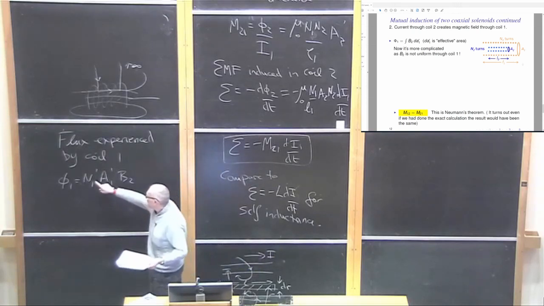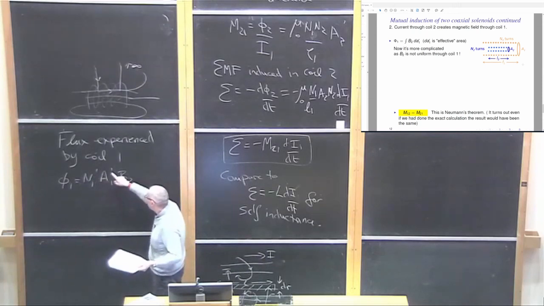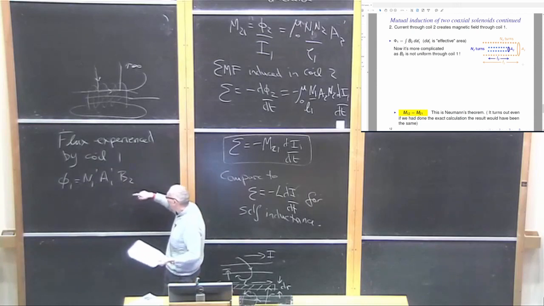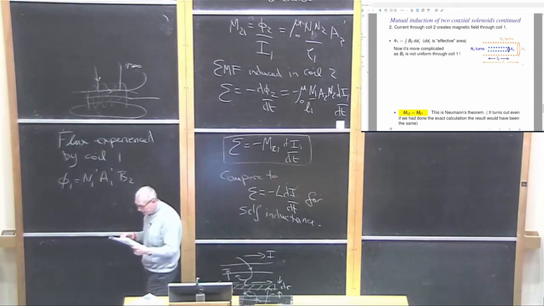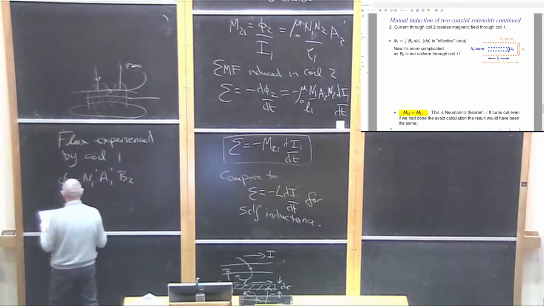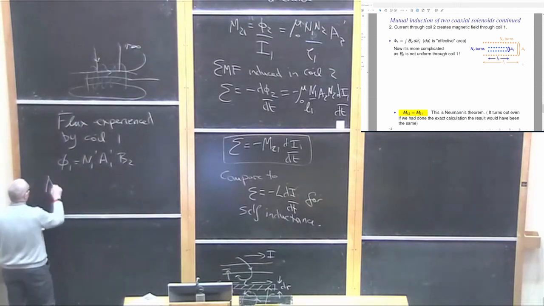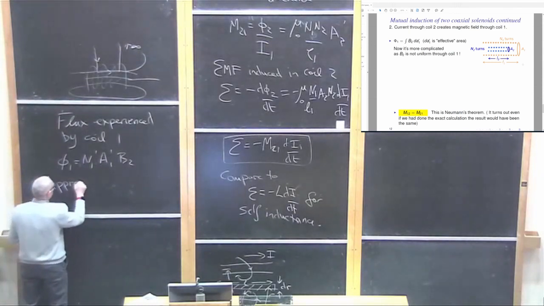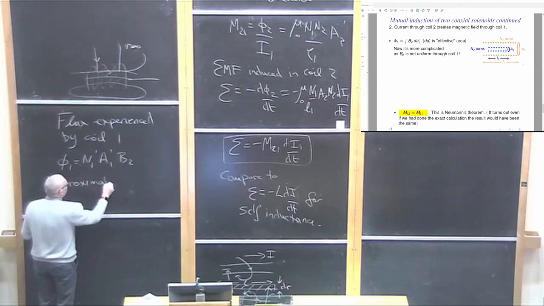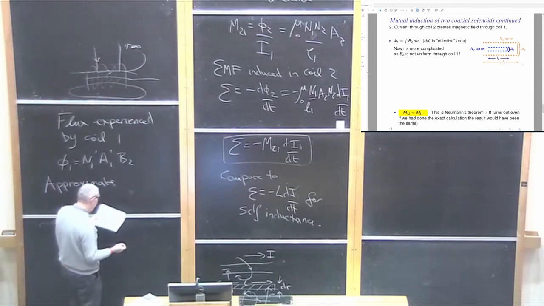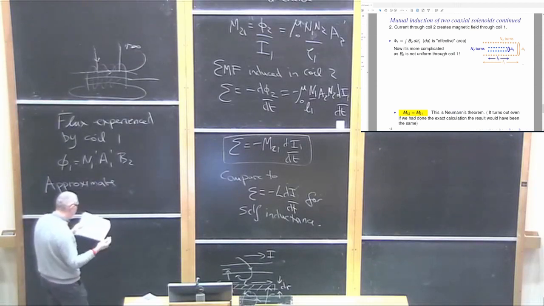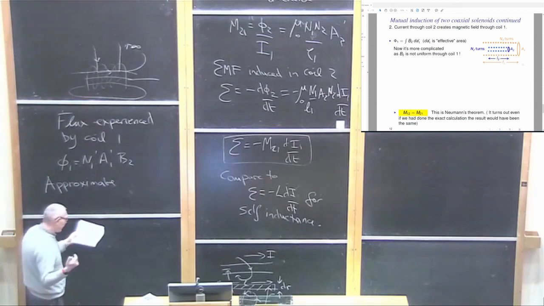Similarly, this is the effective number of turns. This is the effective area. B2 is whatever B2 is. So of course I'm going to approximate. There's no way I can calculate that field. I just overlap with the volume where B is the strongest.